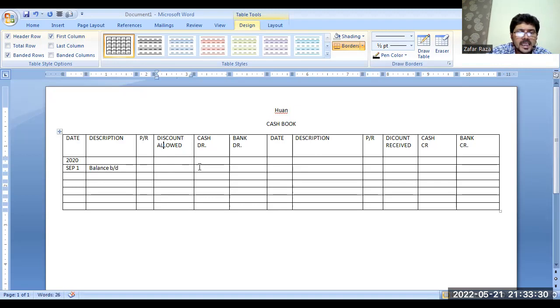Balance reading for cash is $80, and for bank it's an overdraft, so the balance will appear on this side. September 1, balance reading.